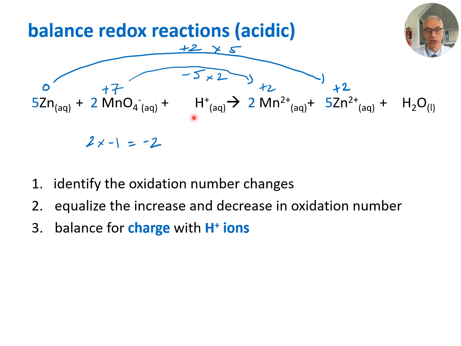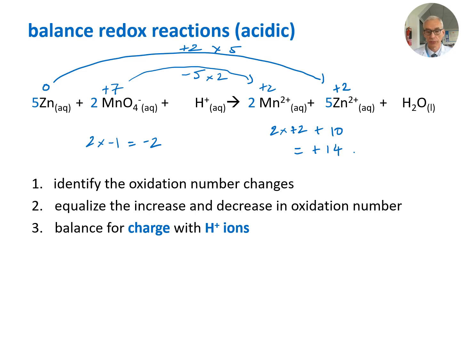So without the hydrogen ions, it's 2 times -1, as we've got a -1 ion. We're looking at charge, remember, so we're balancing for charge. 2 times -1 is -2. And on the right-hand side, we've got 2 times +2 and 5 times 2, so that's going to come to +14 in total.